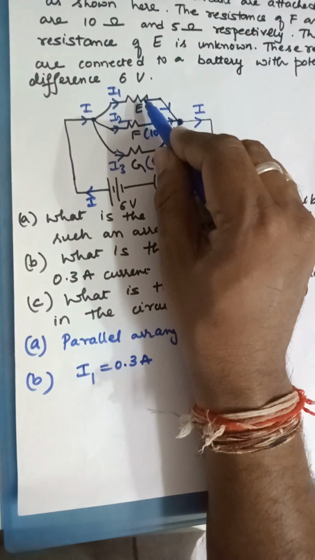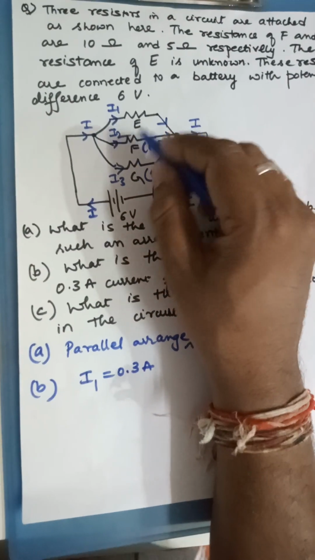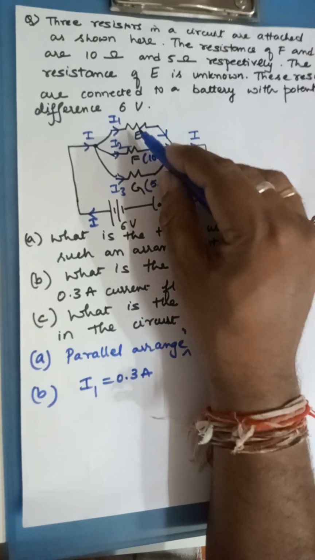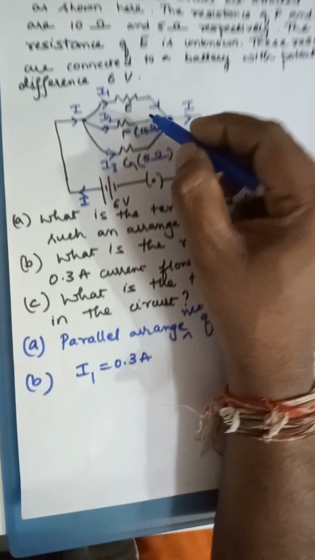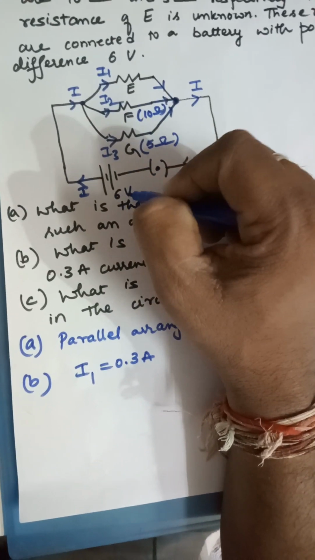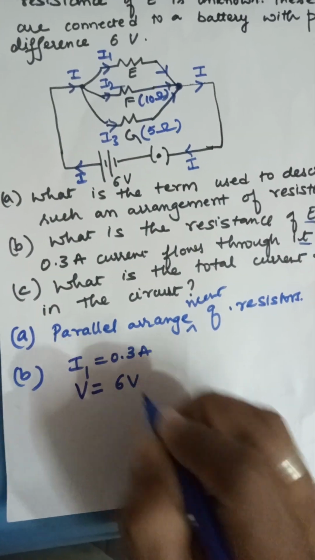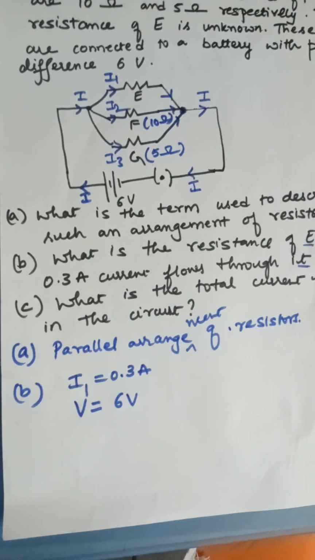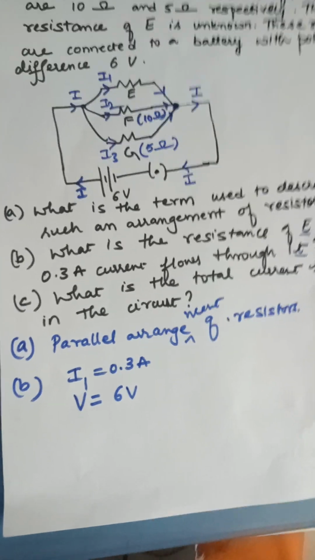Now whenever two or more resistors are connected in parallel, the potential difference across each resistor will be the same. Here the potential difference across the three given resistors will be equal to 6 volts. So I'll write V is equal to 6 volts. V is the potential difference of the battery. It is the potential difference across the resistors E, F and G as well.